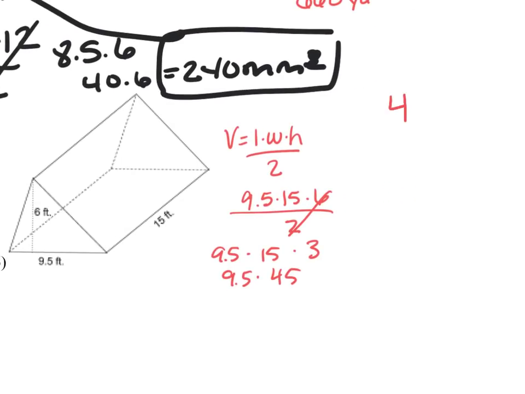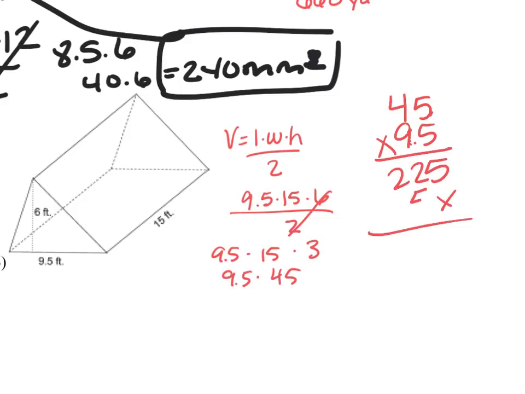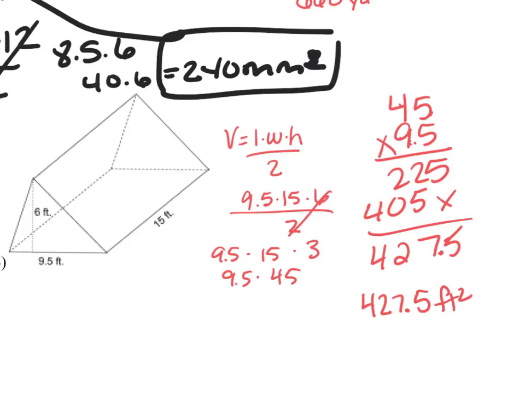So 45 times 9.5, you got 427.5 and then feet squared. Okay, if you have any questions, please let us know.